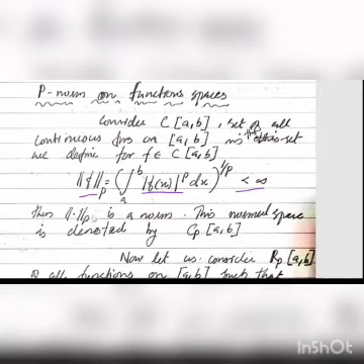Then this is called the p norm. Whatever we have defined is a norm. This normed space is denoted by Cp of AB: the set of all continuous functions on AB with the p norm is called Cp of AB.